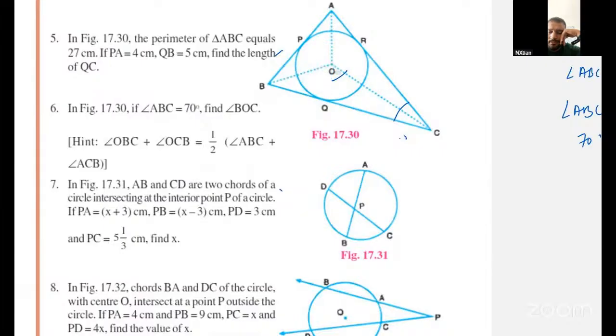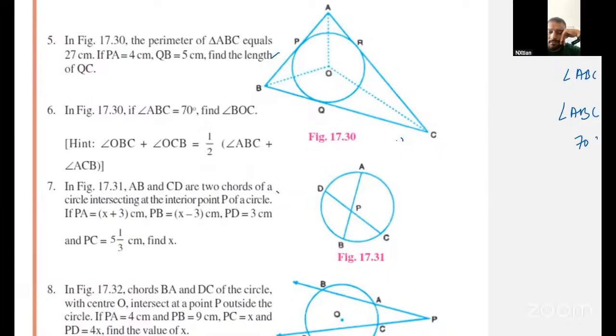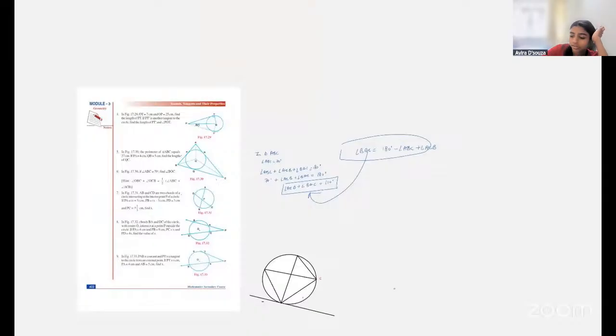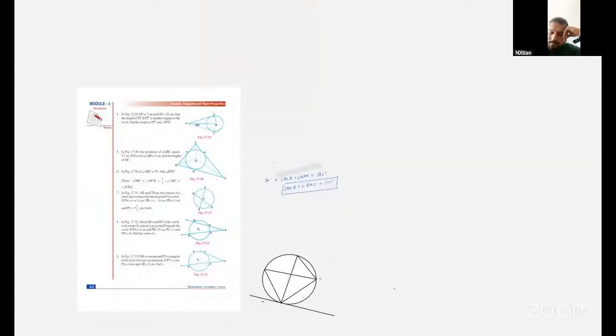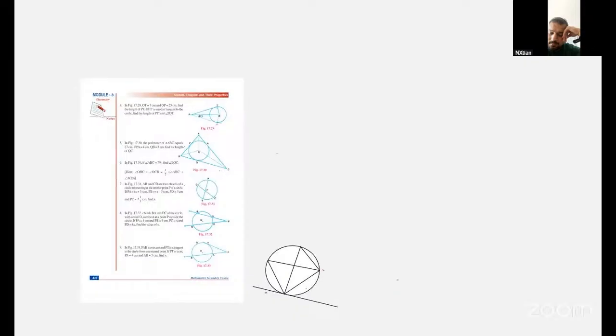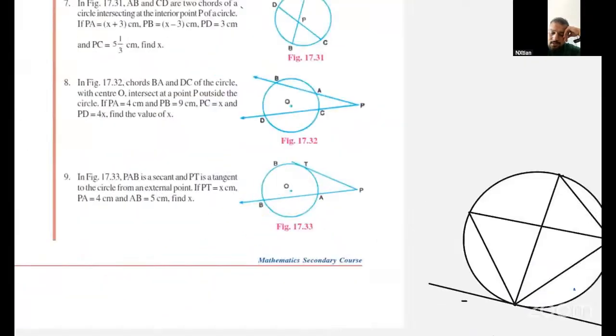Okay, next question. Could you do question number 9 also? Yes. We have the information that PA is 4, AB is 5, and PT we have to find, which is X. We have the relation PA into PB is equal to PT square.